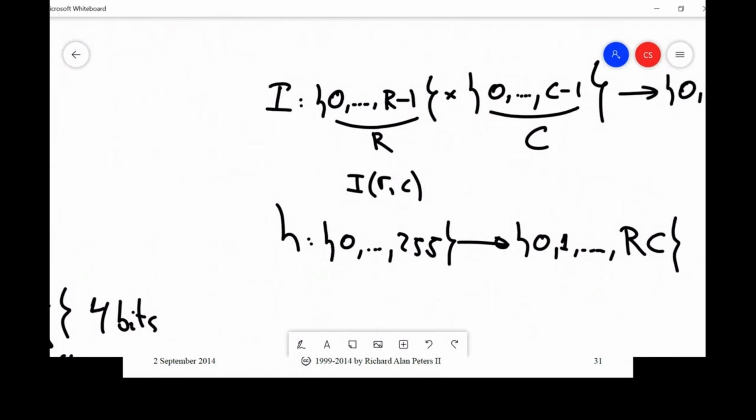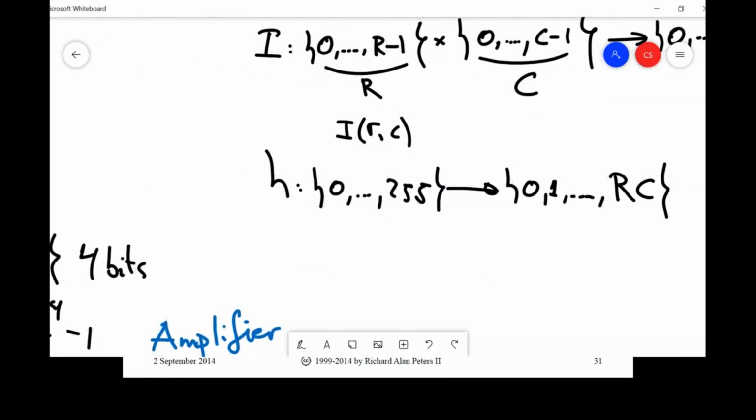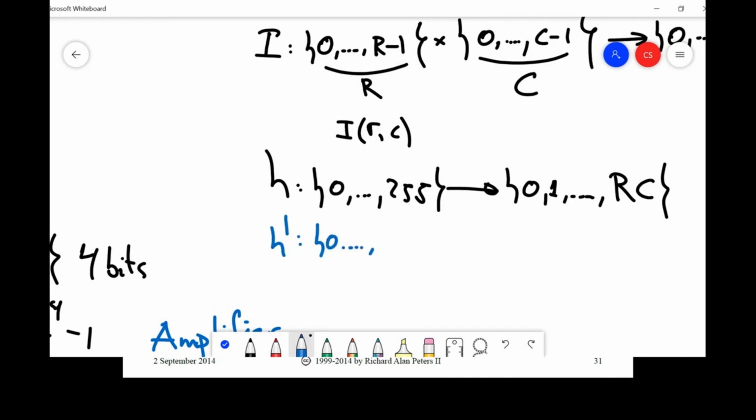What if I construct a new histogram? Once you have the histogram, you normalize it. So now we will construct a new histogram, H prime, that goes from 0 to 255. But now instead of 0, 1 RC, it will go from 0 to 1, and this is divided by RC.